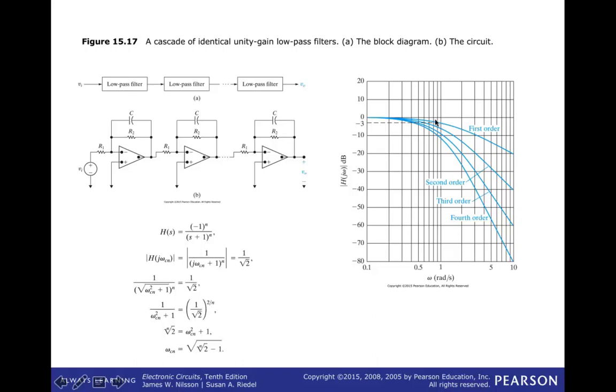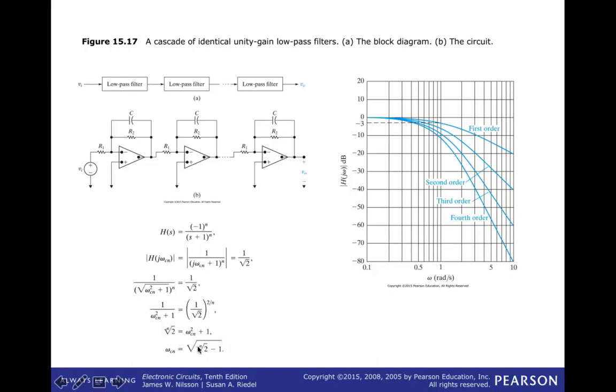So the way to do that, first of all, is to figure out what this point is. You can do that through some algebra by saying, independent of the order n, the definition of the cutoff frequency is that it's where the magnitude is 1 over the square root of 2. Do a little bit of calculation, and we find that for the nth order filter, the cutoff frequency moves back in frequency, and it moves back to this point.